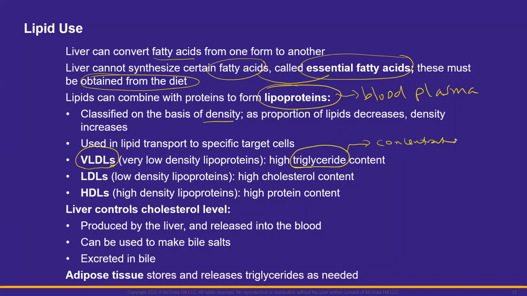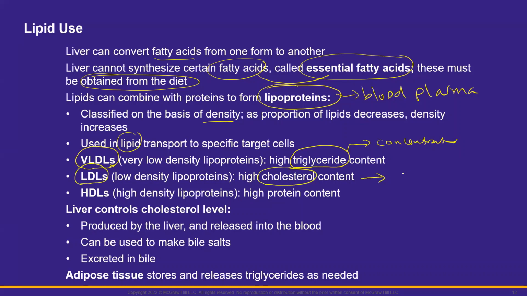Okay. And this lipoprotein is actually used for lipid transport. The second type of lipoprotein is called the LDL, low density lipoprotein. It means that it has high cholesterol contents.